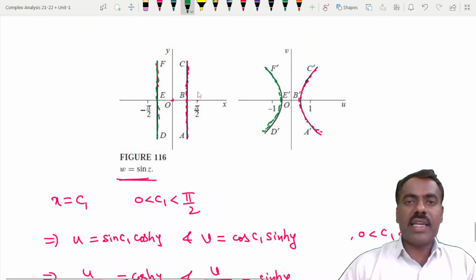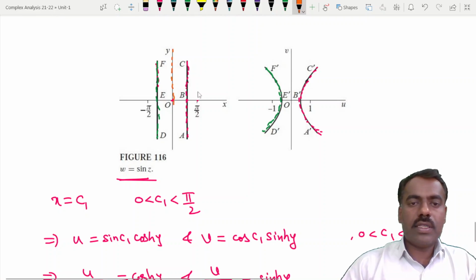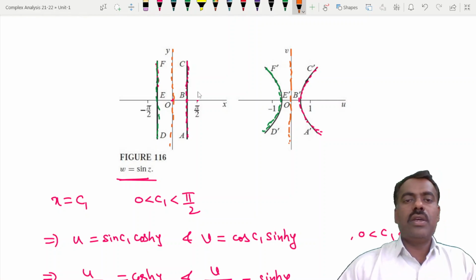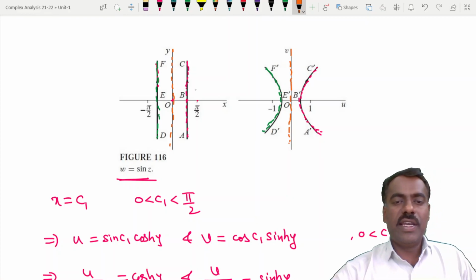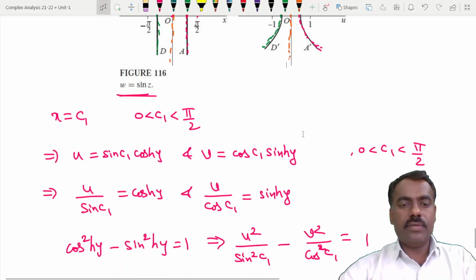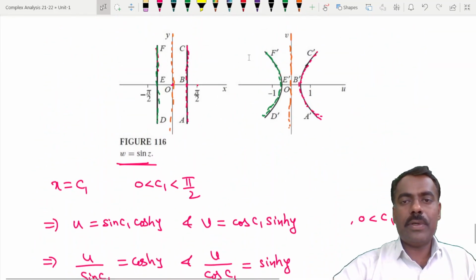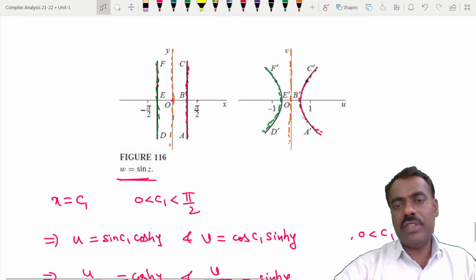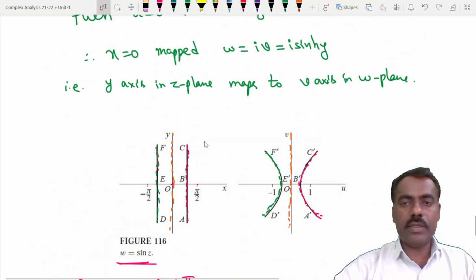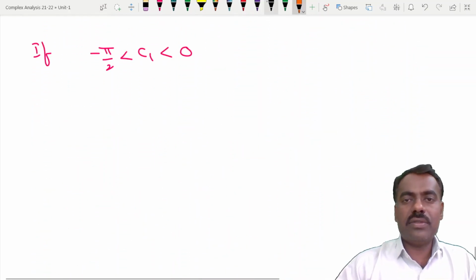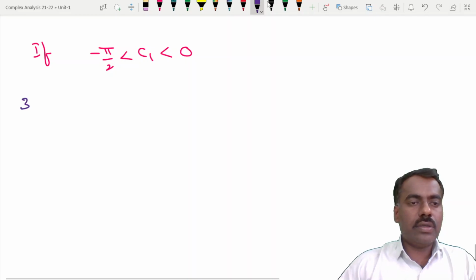Yes, and we have already seen that this line is mapped to here, right? So if you take the upper half, then it will be mapped to the upper half here and so on, right? This is a quick idea. You can find more details. If c1 is this, then it will be mapped to the left hand side of this hyperbola. Fine. Similarly, you can check, I will just highlight and show, and then we will stop.